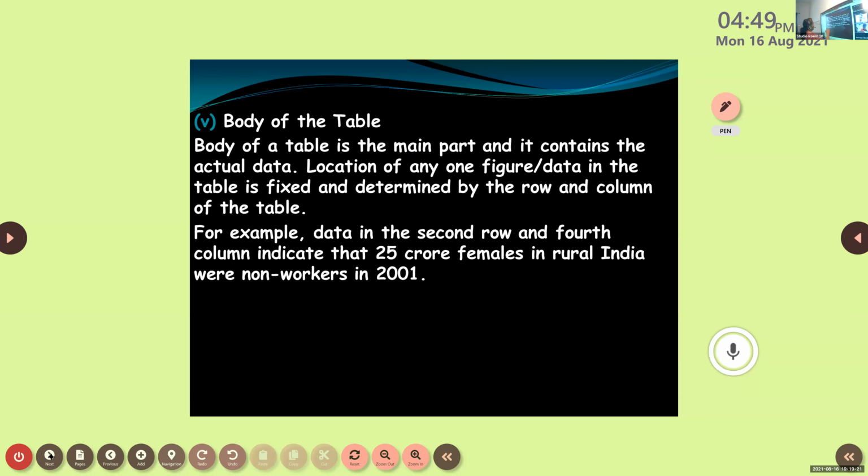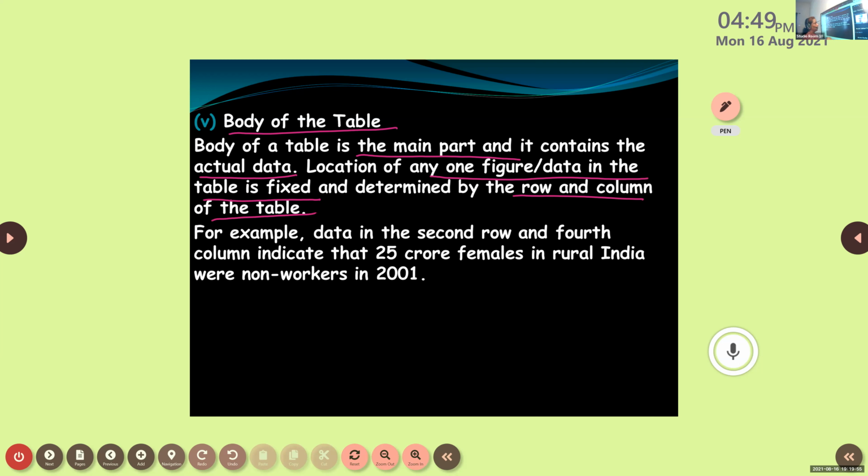Next one, the body of the table. Where are we presenting the main figures, the main data we have collected? The body of the table is the main part and it contains the actual data. It is fixed. Whatever figure is given in the data is fixed in the table and determined by the row and column of that particular table.